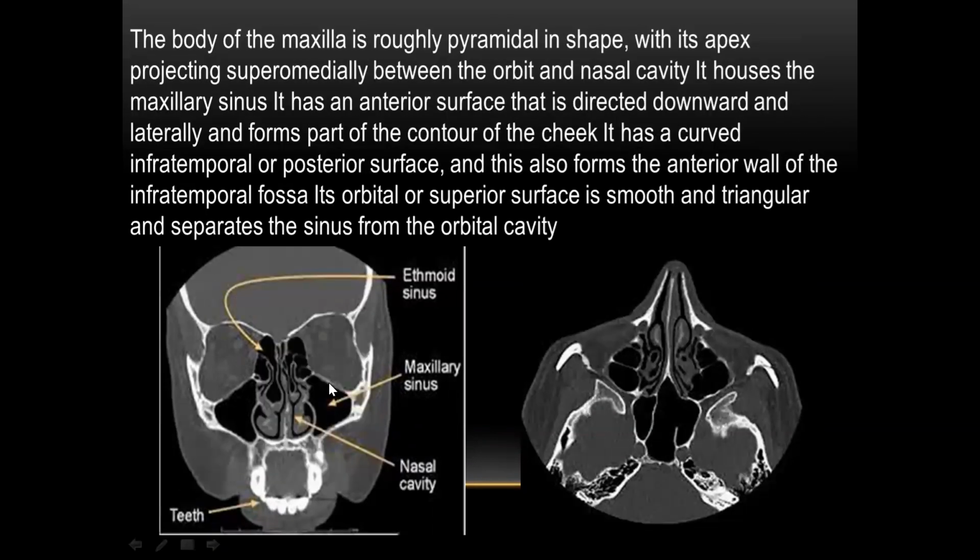The body of the maxilla is pyramidal in shape, extended superior-medially, here it is, to form what's called the uncinate process, the thin bony part. And laterally, it participates in the contour of the cheek, and it is also curved to participate in the infratemporal fossa.